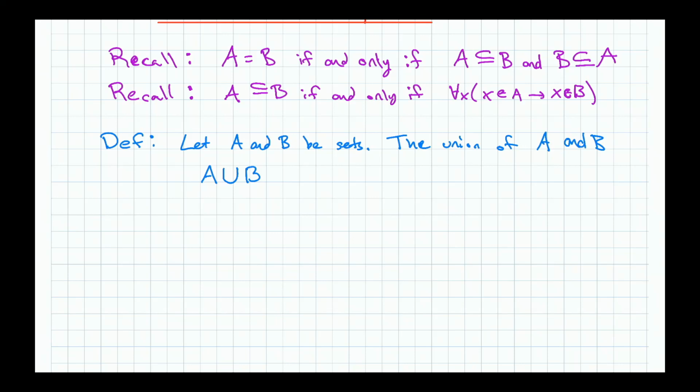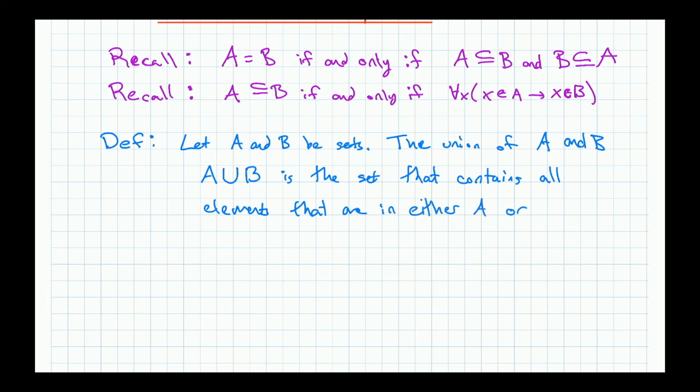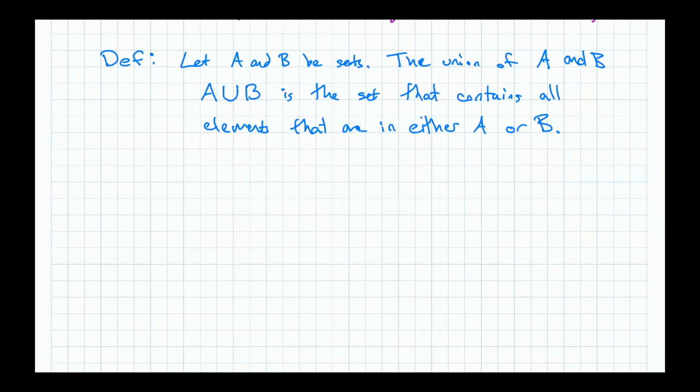A union B is the set that contains all elements that are in either A or B. What that's saying in symbols is this: A union B is equal to, in set builder notation, the set of all X such that X is in A or X is in B.